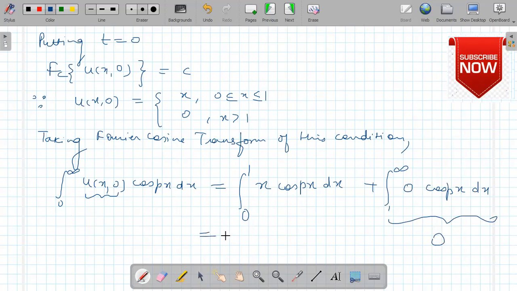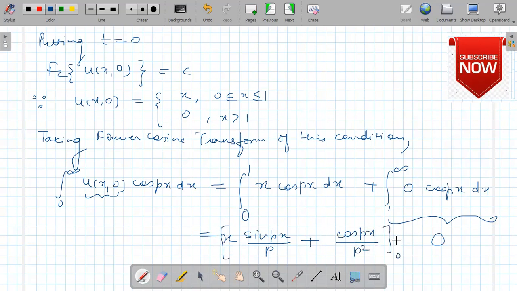When you solve this, you will get first function times integration of second function, which is sine px over p, and then we have minus sign, differentiation of the first function, and integration of this again, which is negative. So we have positive sign cos px over p square.